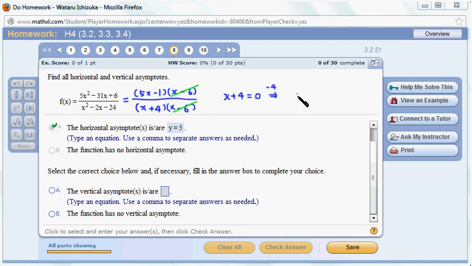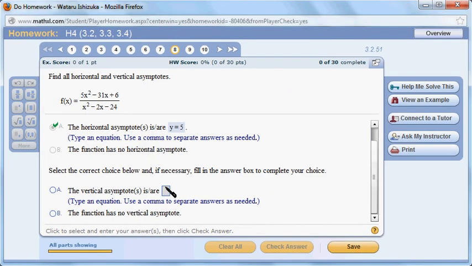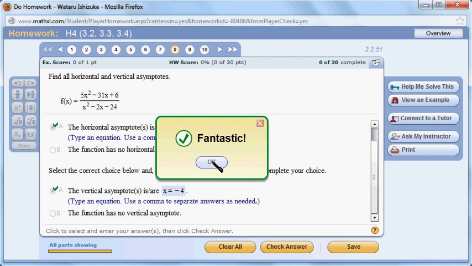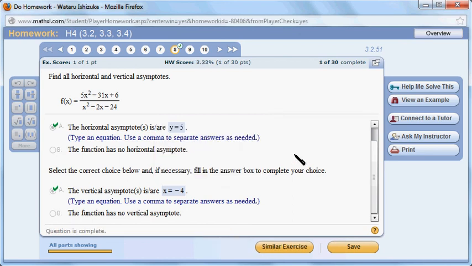Subtracting 4 from both sides, x equals negative 4. This is the vertical asymptote. Let's type it in: x equals negative 4. Let's check that. We got that. That's it. I hope that this was clear.